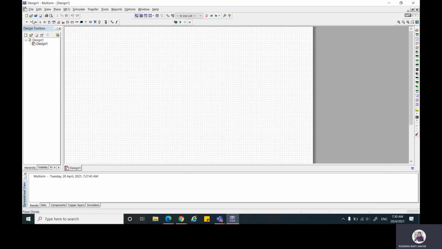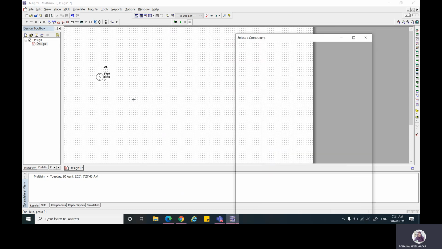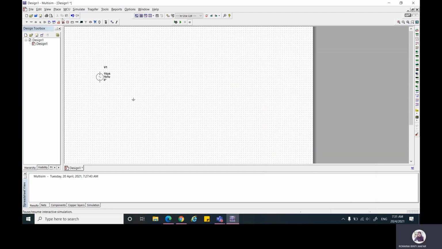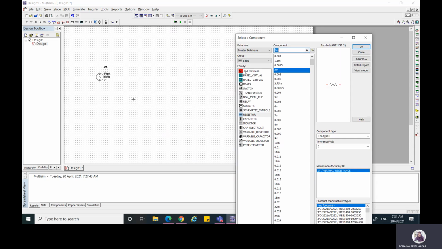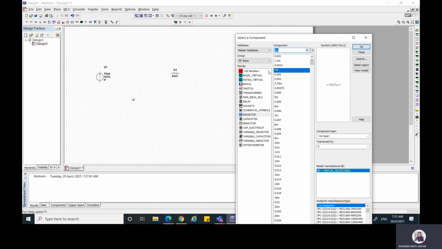Okay, so this is your Multisim. First of all, you have to get your power supply, ground. So these are the basic components you need in your circuit, and then you need one resistor, any value because we can set it later.